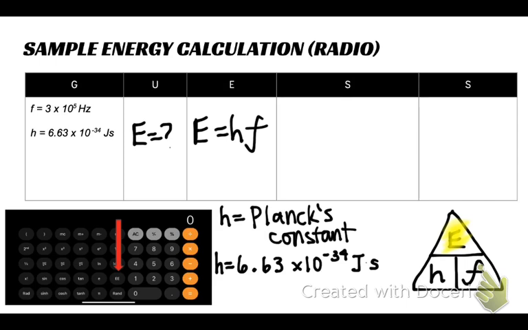Hertz is the SI unit, and joules times seconds is an SI unit, so we don't have to stop, drop, convert.